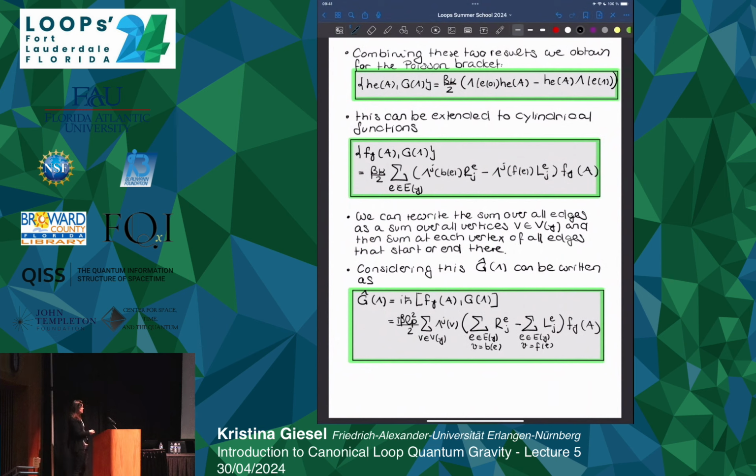For each vertex, you then sum over the edges which have a beginning point there, so which are outgoing, and which have a final point there, so which are ingoing, and then consider the plus or minus 1 factor which we had in the action of the flux operators before for these different types of edges, which is encoded here again in the right and left invariant vector fields which act on the cylindrical function. So this is the SU2 Gauss constraint quantized.